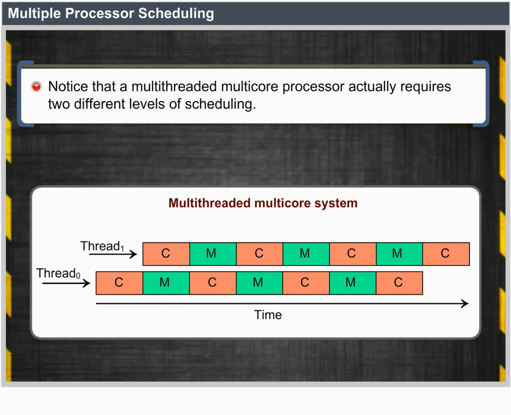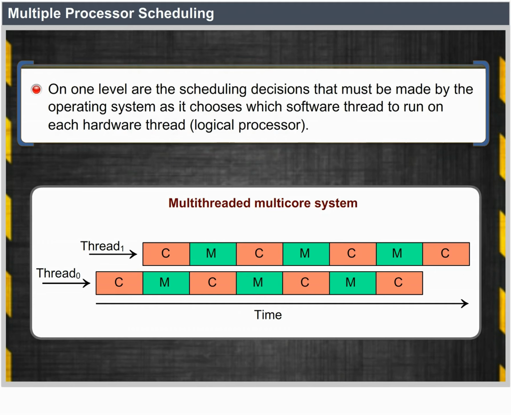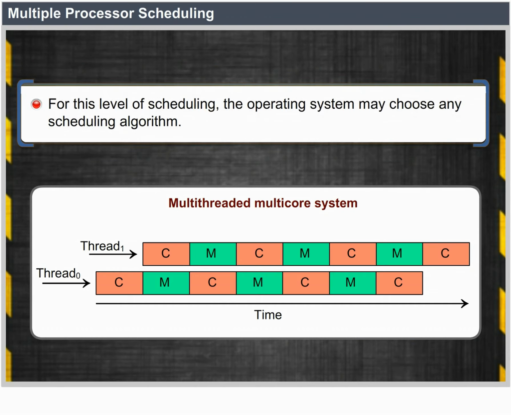Notice that a multithreaded multi-core processor actually requires 2 different levels of scheduling. On one level are the scheduling decisions that must be made by the operating system as it chooses which software thread to run on each hardware thread, or logical processor. For this level of scheduling, the operating system may choose any scheduling algorithm.